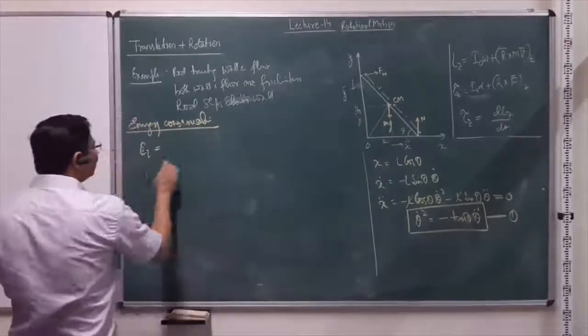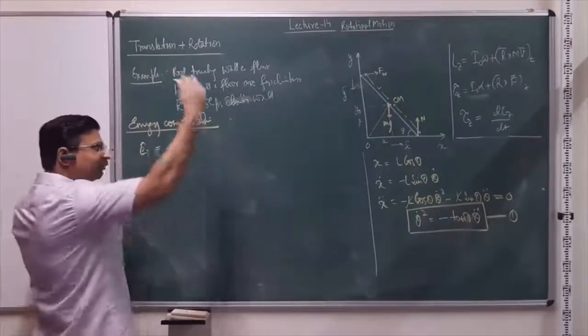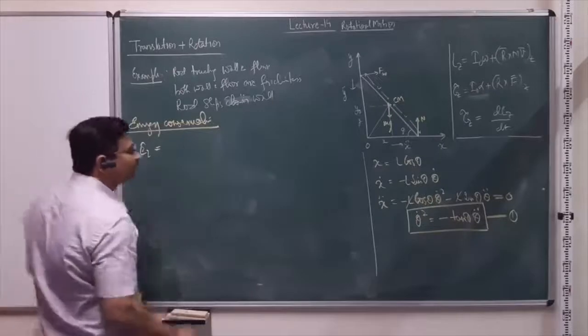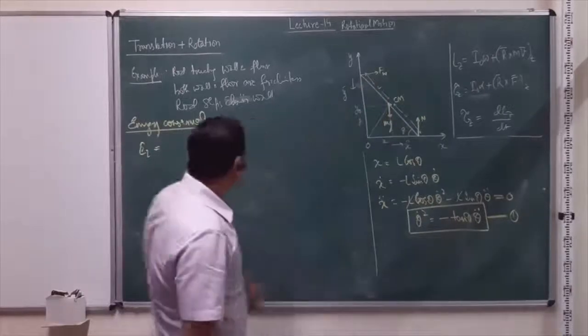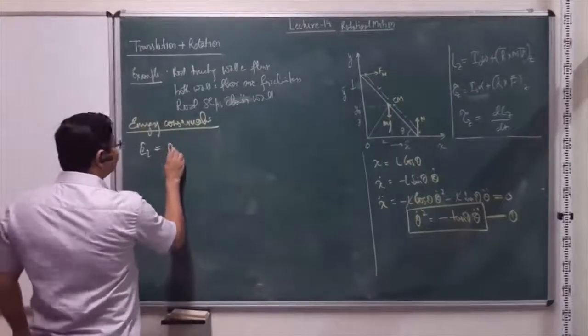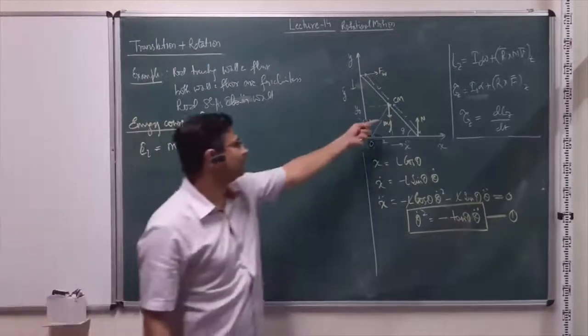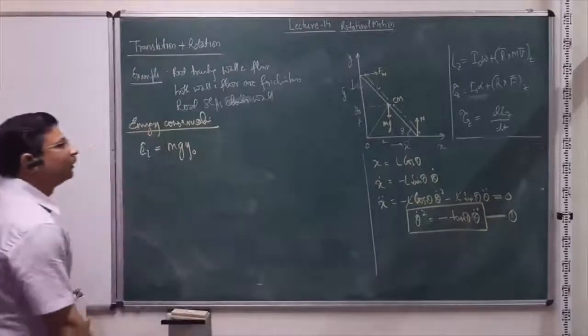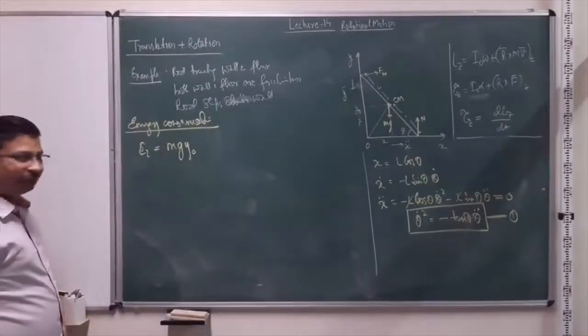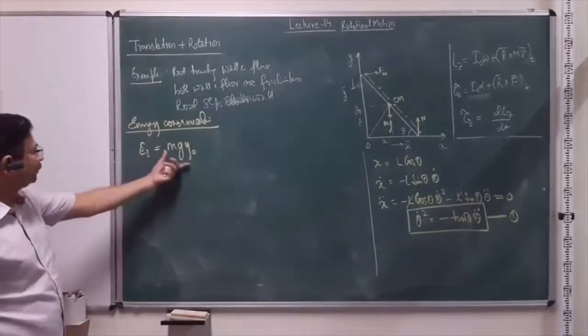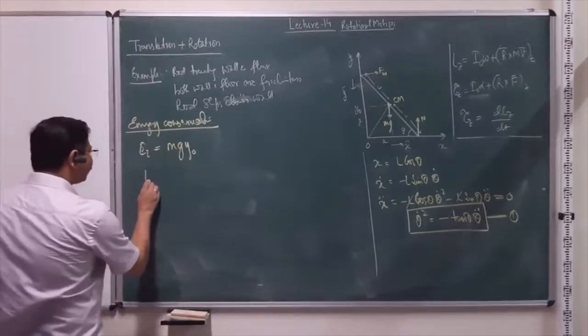So then we can write down the energy of the system. Just before the rod starts to slip, the total energy of the system is just the potential energy, which is equal to mg y0, as if all the mass is located at the center of mass, and the center of mass is located at height y0 from the ground, right? So the energy of the system is mg y0.